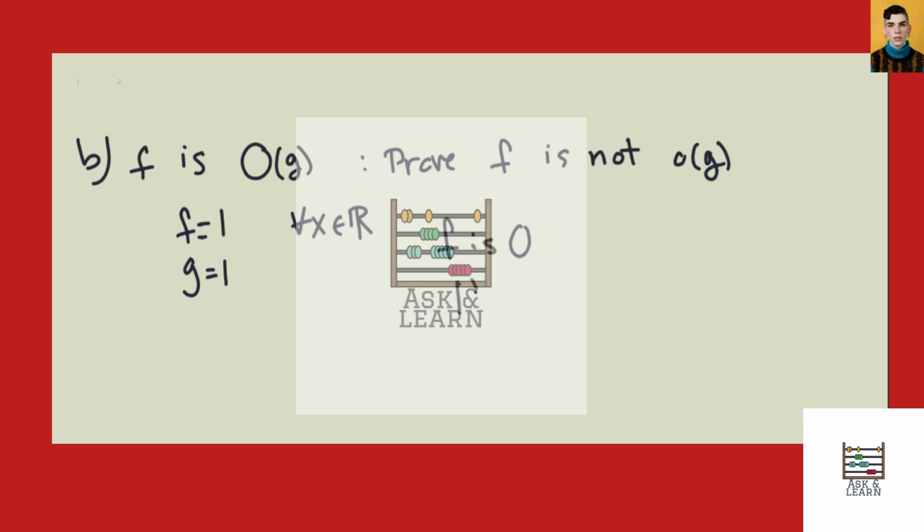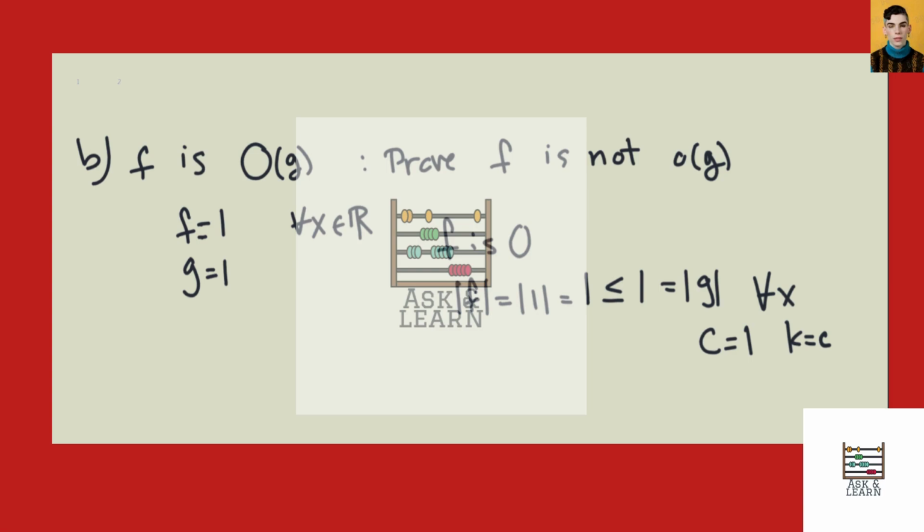Because the absolute value of f, which is equal to the absolute value of 1, which is equal to 1, is less than or equal to 1, which is equal to the absolute value of g for all x. This is the case, of course, where c equals 1 and k can equal 0.